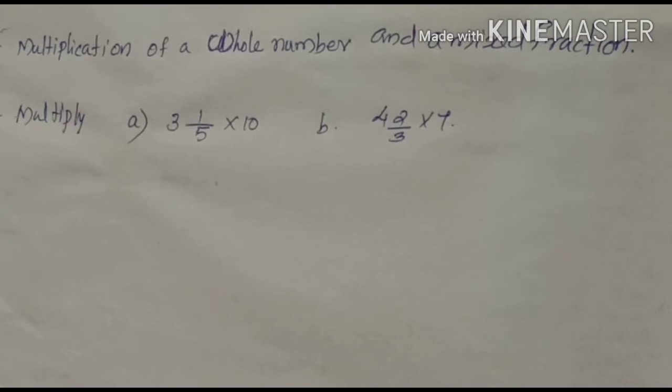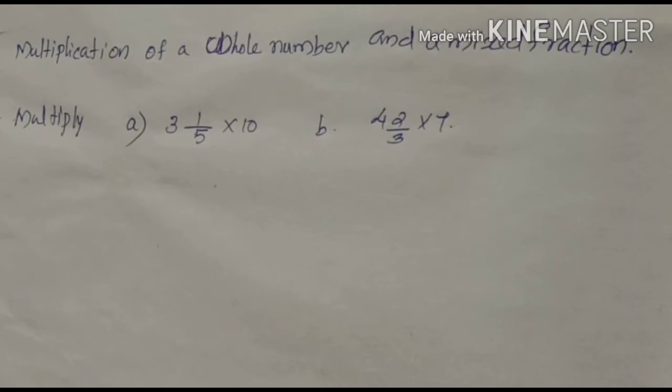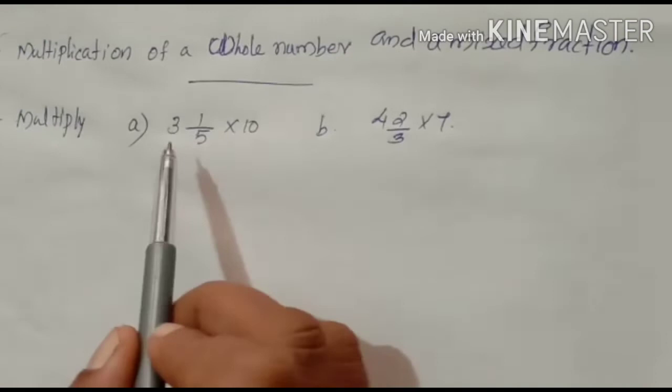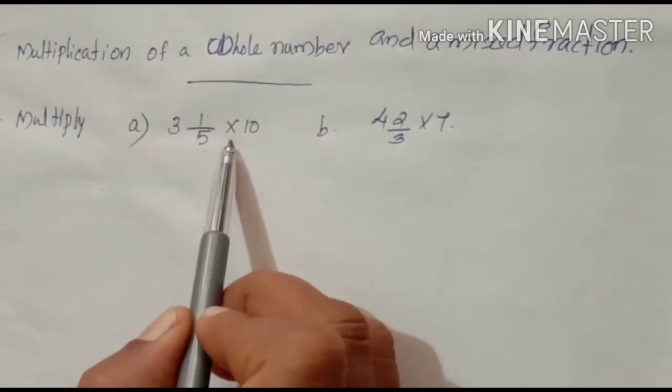Multiplication of a whole number and a mixed fraction. Example. Multiply 3 1 by 5 into 10.